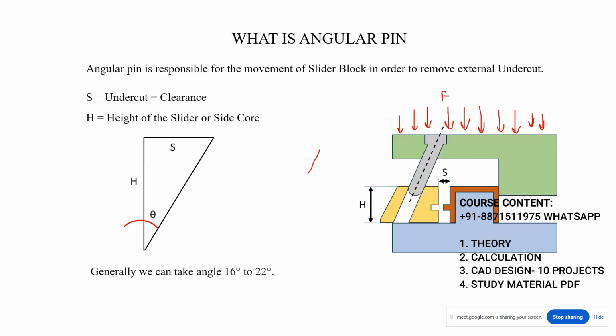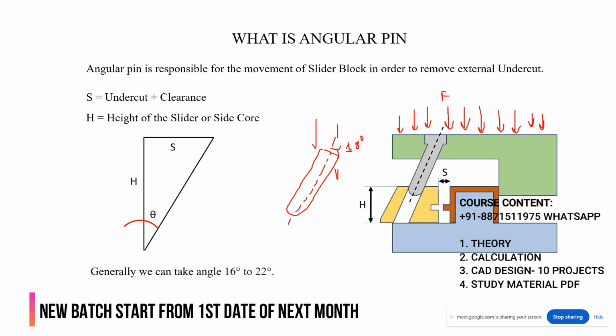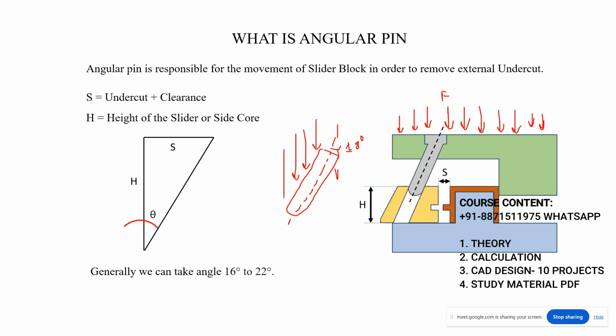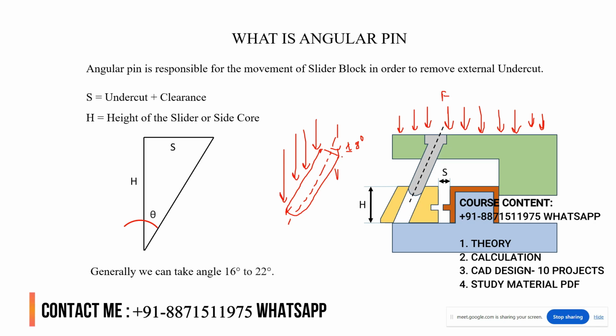Now just for an example, this is the pin I have, and this angle is 18 degree. Now just apply the force. For example, you are applying force like 1 unit, 2 unit, 3 unit and 4 unit. Depending upon the angle, now increase the inclination angle.